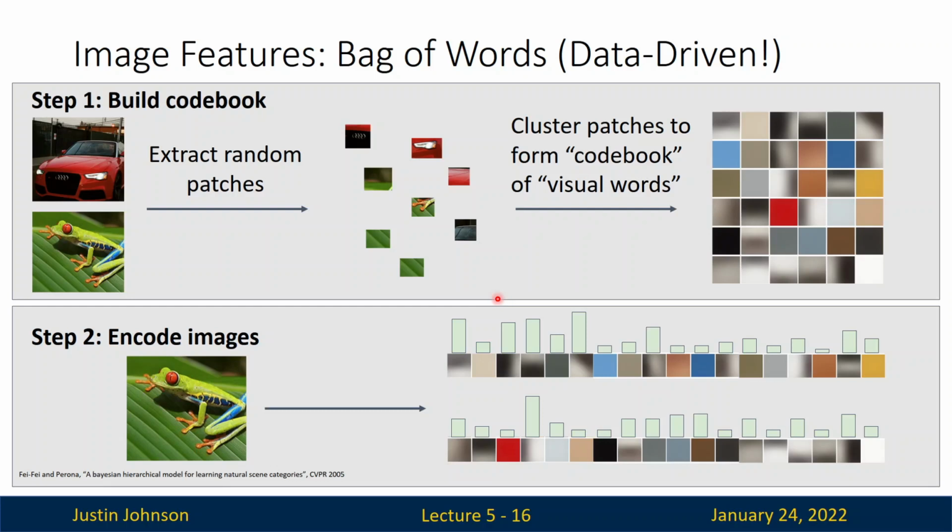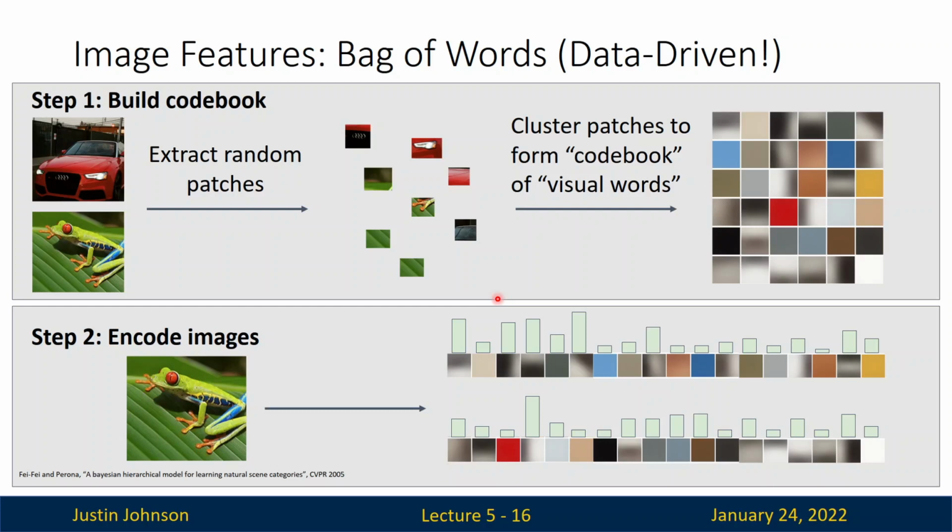One intuitive way is just to compare their words. If they share many repeated words, the two documents may be very similar. So the idea was borrowed by the computer vision community, and they created a bag of visual words.